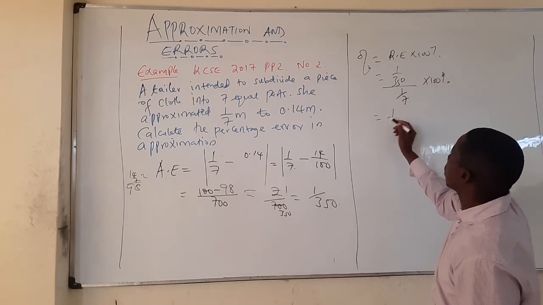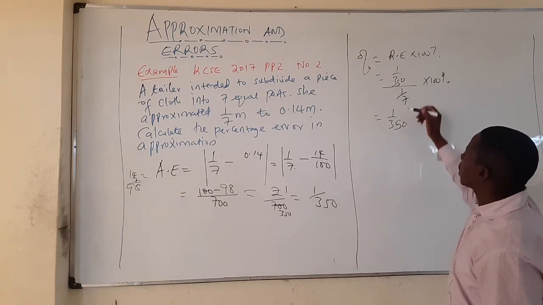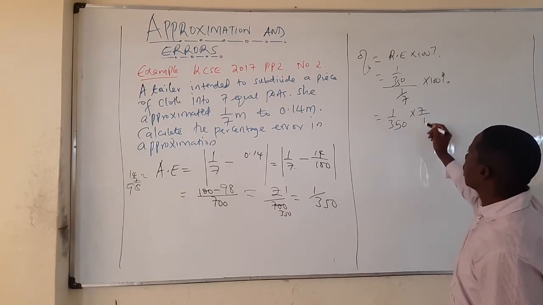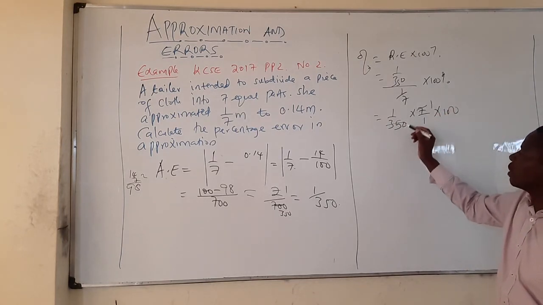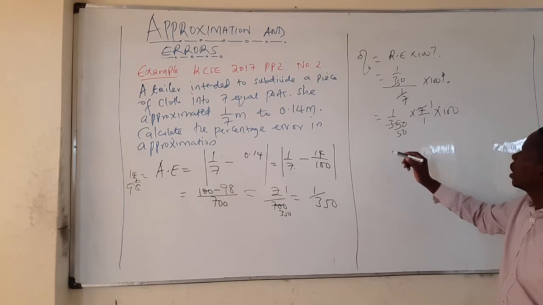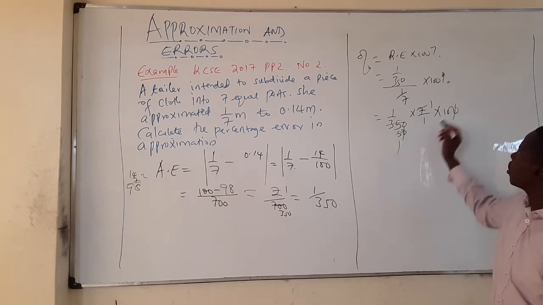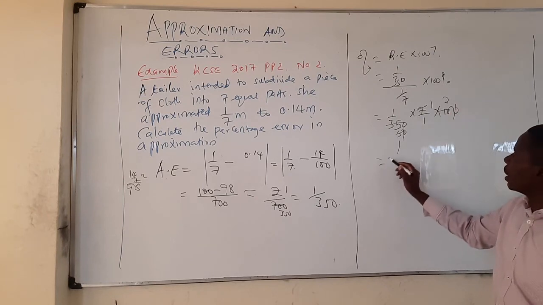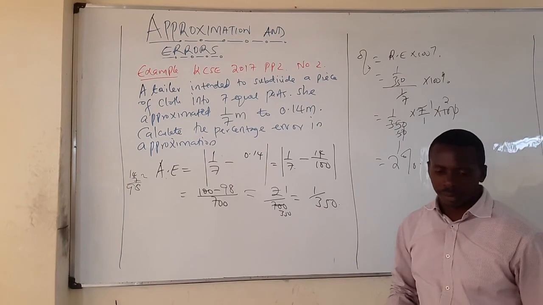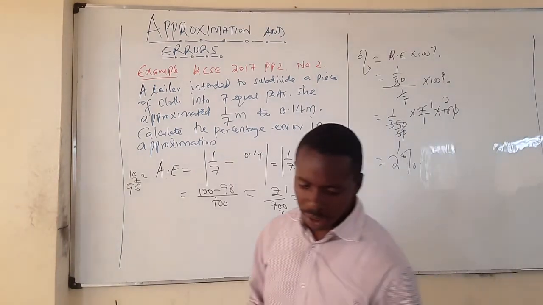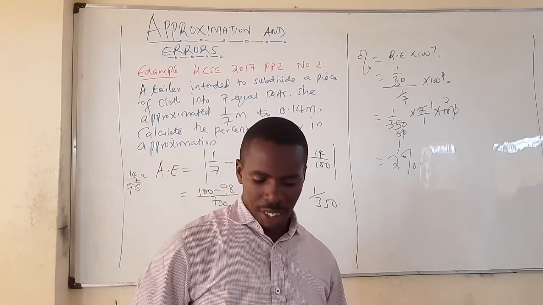So it's going to be 1/350 times 7/1, then times 100. 7 by 7, 1 by 350 gives 50. Then that one is going to cancel by 5, giving 2%. So that is the percentage error in that measure.